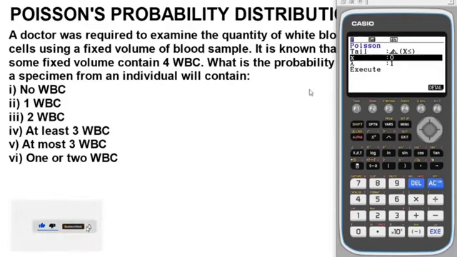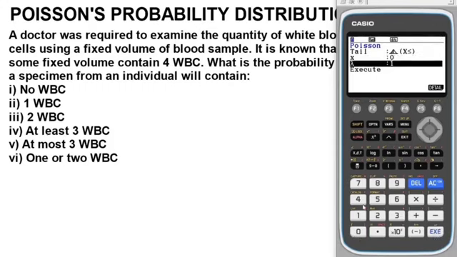So let's begin with the x value. We ask, what's the probability that a specimen from an individual contains no white blood cell? So here our x will be 0. Execute. Our lambda is 4, it is fixed. Now, one more thing very important, guys: don't solve it when x is less than or equal to.